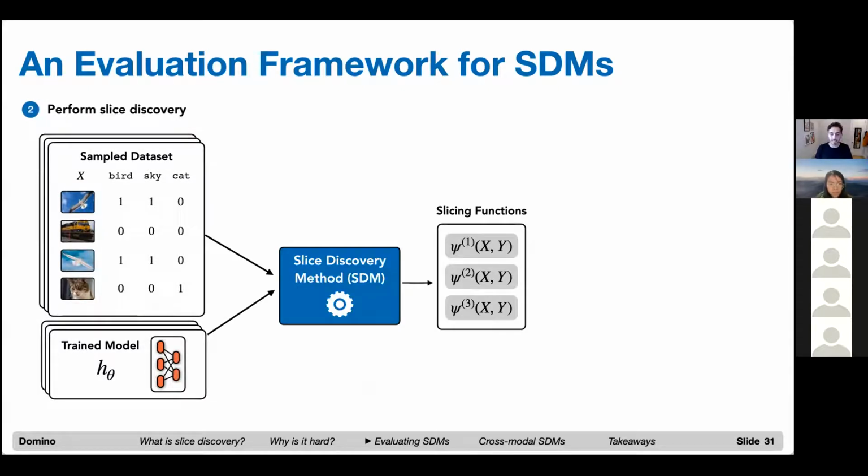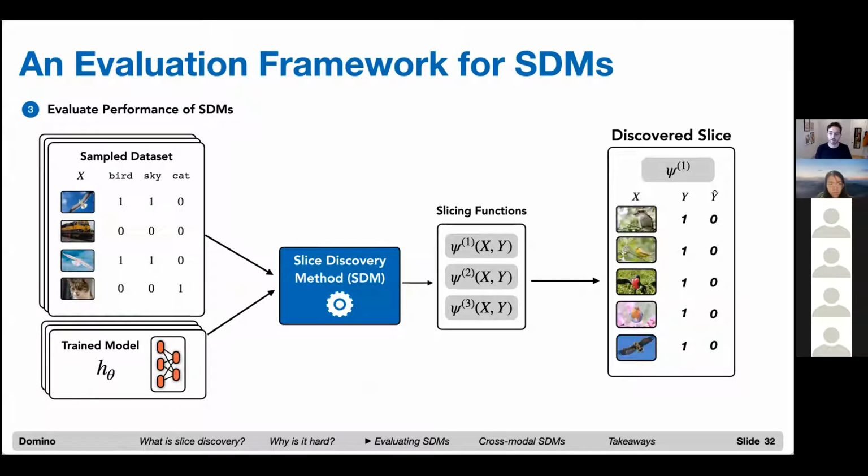So like I said, the sample data set and the newly trained model, which underperforms on the slice, can then be fed into the slice discovery method. We get the slicing functions, we apply the slicing functions, and then we can evaluate performance. So how well was the slice discovery method able to recover the slice that we know to exist, that we know the model underperforms on? Remember, in this example, this was birds without a sky in the background.